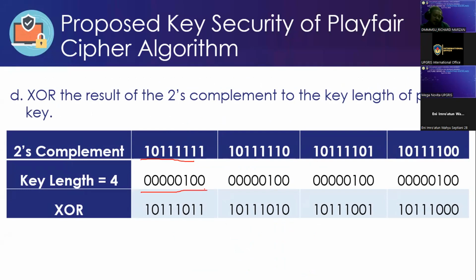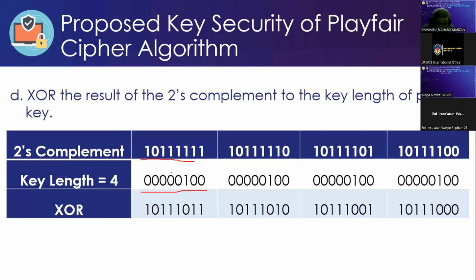So as we can see for the XOR, if the values are different, for example 1 and 0, the result is 1. Then 1 and 0 is 1. For the XOR of 1 and 1, the same value, the result is the opposite value, 0.